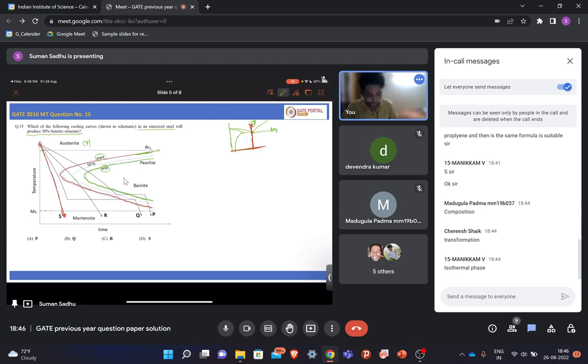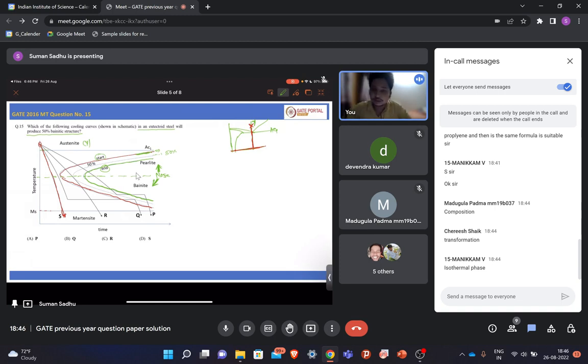Now this dotted line shows the 50% transformation curve, and this part is known as the nose of the C curve. Above the nose we get pearlitic morphology, and below the nose we get bainitic morphology.